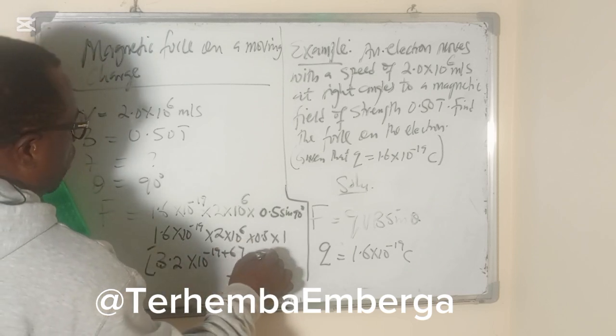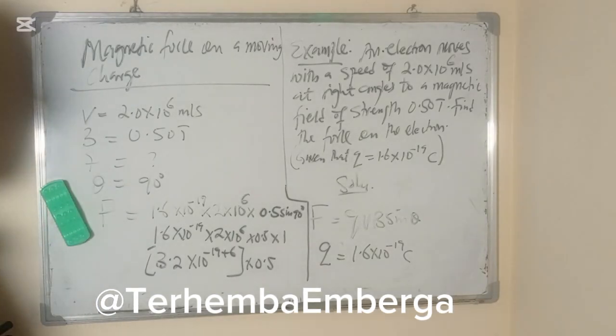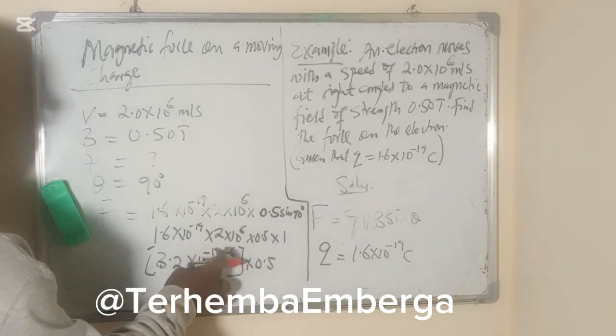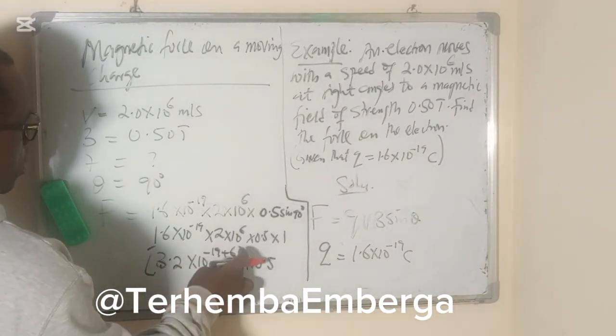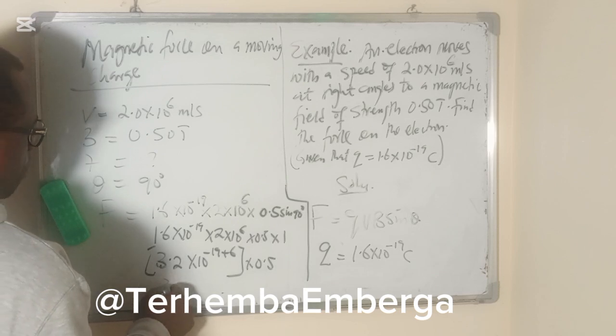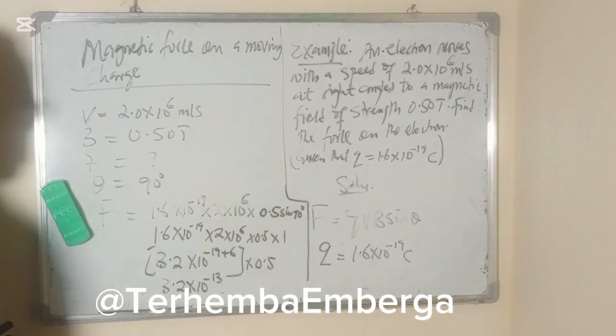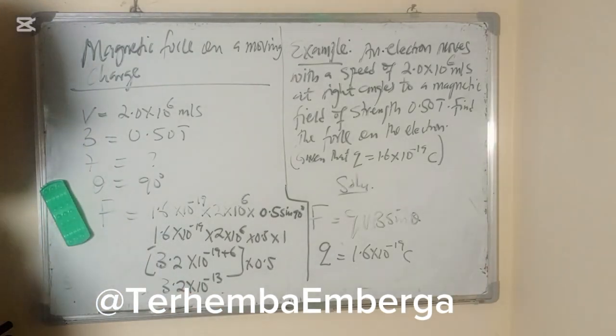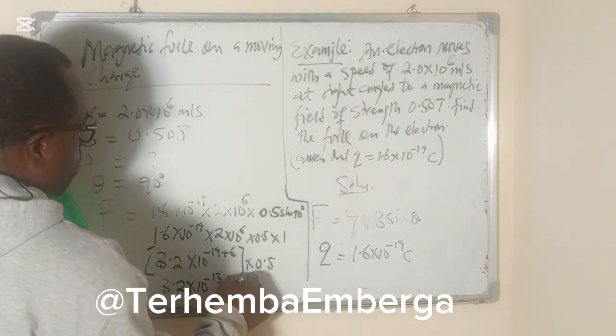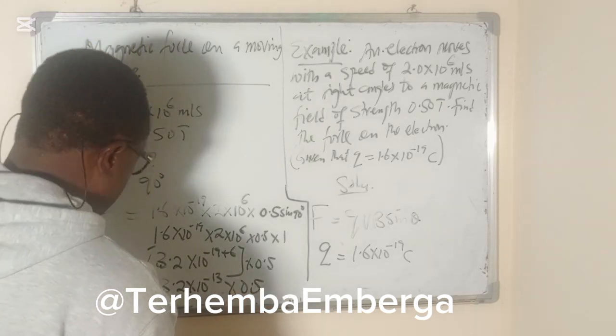Times 0.5. So by the time we add up, we have 3.2 times 10 raised to the power minus 13. Is that right? Times 0.5.